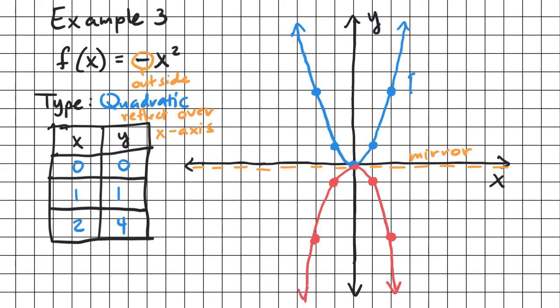And just to state it again, right? The blue one is the parent. The red one is the transformation. In this case, the transformation that we're working with is reflection. And then let's go to example 4.